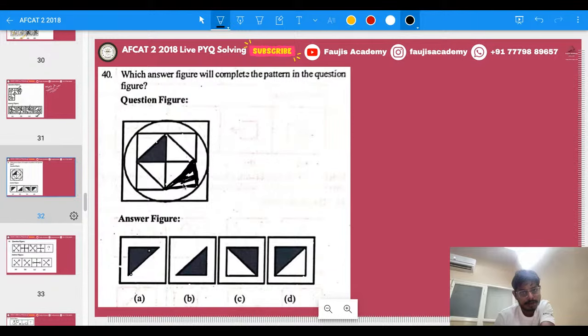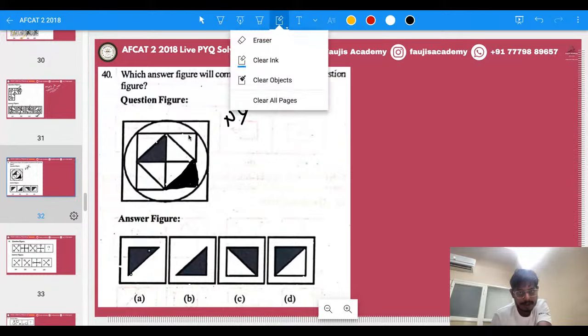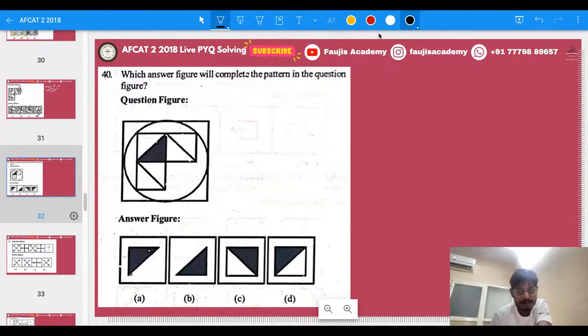If this is the shaded one, does it form symmetry? The answer is no, it doesn't form symmetry. Guys, all of you, it's a good try. D, even I take the D. B and C cannot be the answer for sure. But what if we do something like that?